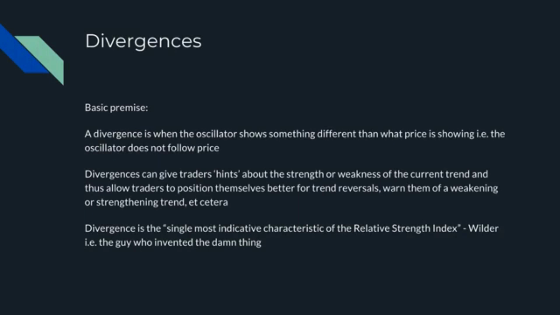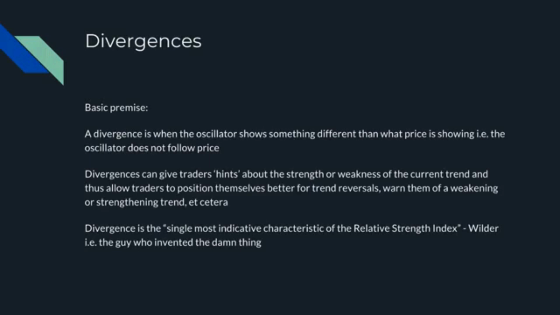It does not follow price. And these divergences can give traders hints about the strength or weakness of the current trend, and thus give us very profitable counter-trend positions, or if you're more risk averse, give you an idea of when you can expect to take a long or a short position. Basically, when the current trend is going to run out of steam.